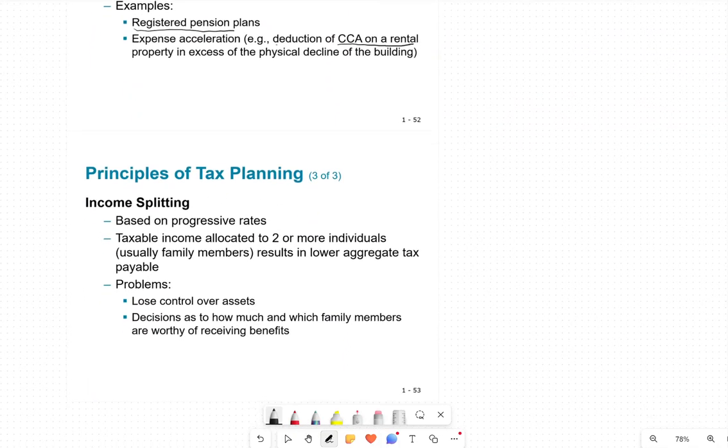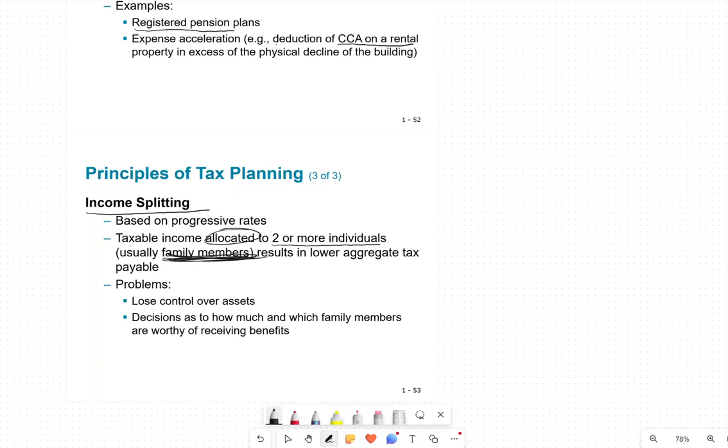If you are in a higher tax bracket, you could do income splitting. So you could split your income with someone else. Taxable income is allocated to two or more individuals, usually a family member. Sometimes we don't want to do that.